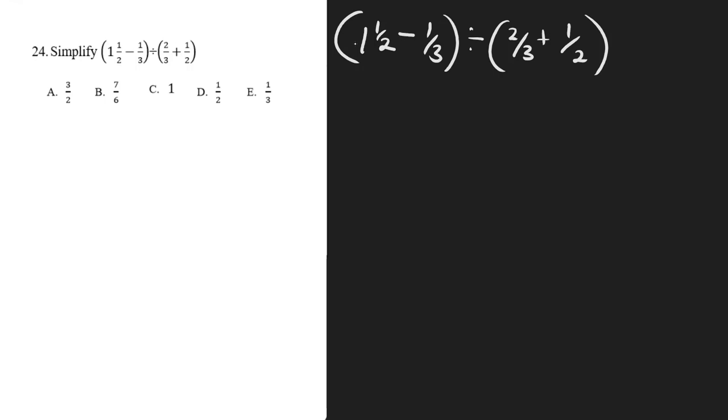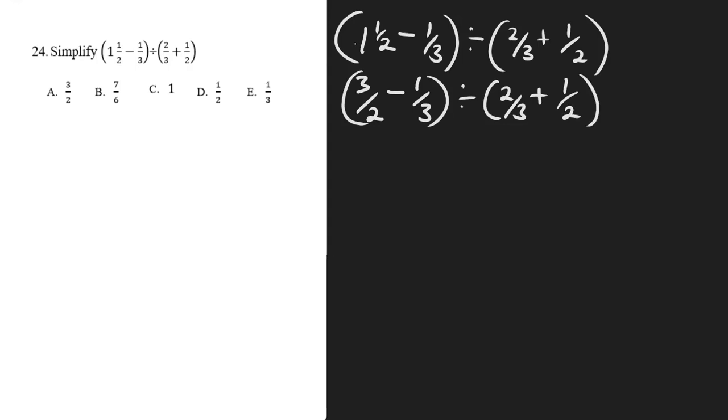So we have 1 here. We say 1 times 2 is 2 plus 1 is 3. So we have 3 over 2 minus 1 over 3, close the bracket, divided by 2 over 3 plus 1 over 2.